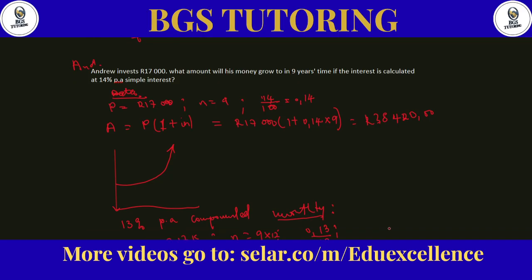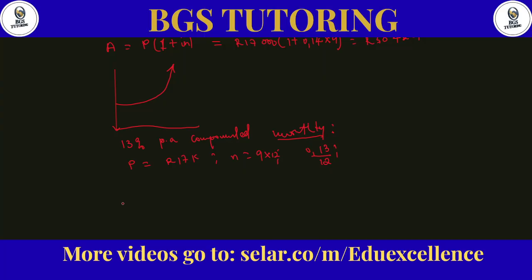Then the next thing we do is simply substitute into the formula. So we're saying A is equal to P times (1 plus i) raised to the power of n. So our P is 17,000.